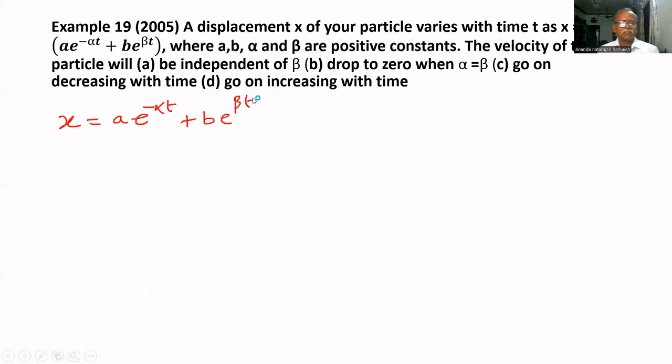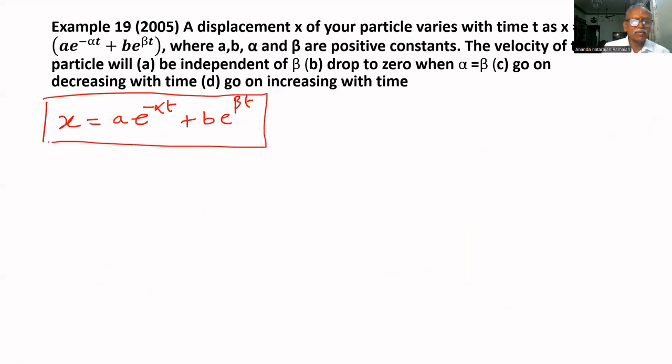At any point of time, if you substitute the value of t, you will know where the particle is. So location will be given by this equation as usual, where a, b, alpha, beta are positive constants. Carefully, it is given as positive constants.